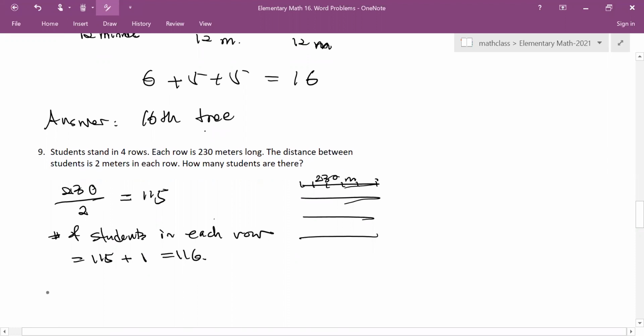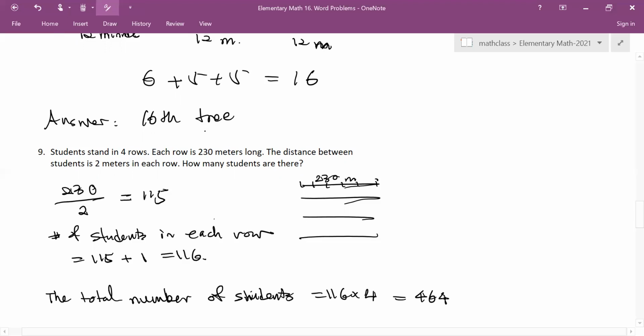Then the answer is the total number of students, right? It is going to be multiplied by 4. So it's going to be 464. Yeah, you have to add the 1 because those 2 students stand at the 2 endpoints.